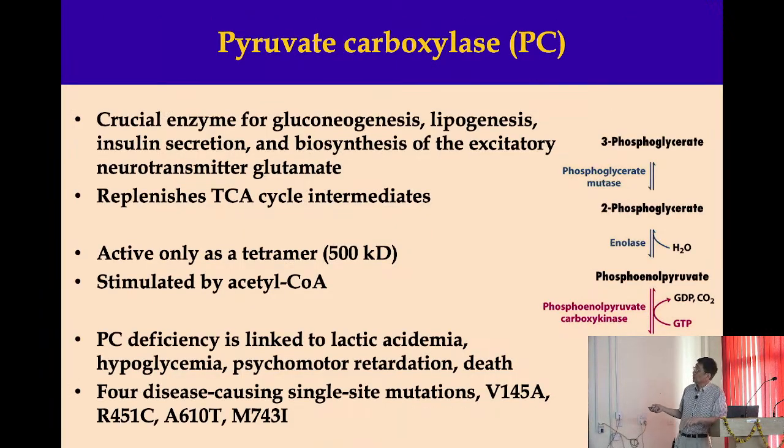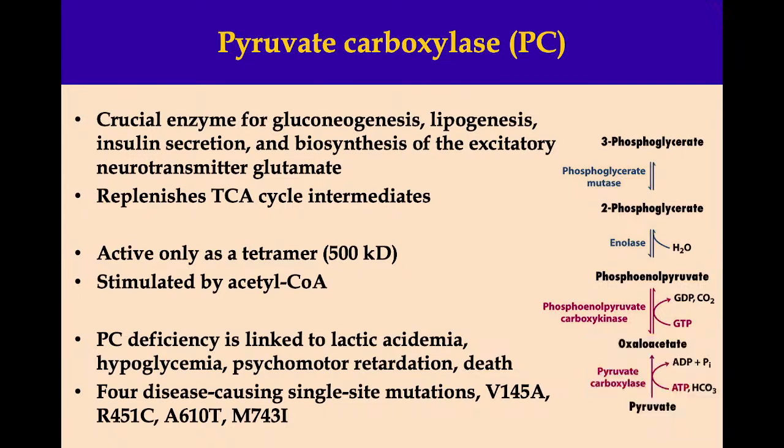Okay, so PC. I already showed you a little bit. It's a crucial enzyme for gluconeogenesis, lipogenesis, and replenishes TCA cycle intermediates. I showed you that as well. It's a tetramer, so half a megadalton. But all of this work was done by crystallography, before cryo-EM, before we learned how to do cryo-EM anyway.